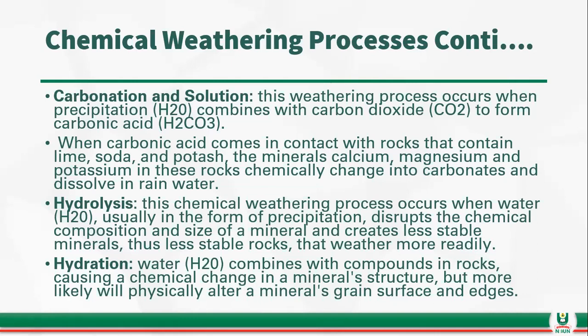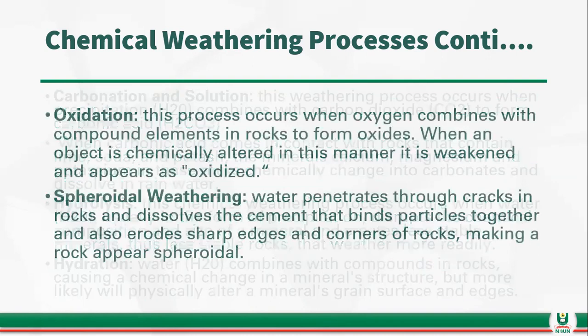Now we have another one we call hydration. Remember, all of them have to do with water, with moisture. When we talk about hydration, it's also when water combines with compounds in the rocks, causing a chemical change in a mineral structure, but more likely, we physically alter a mineral's grain surface as well as their edges.